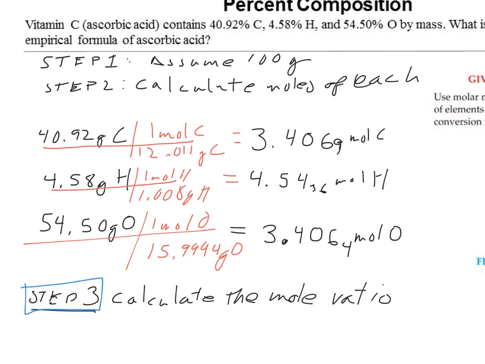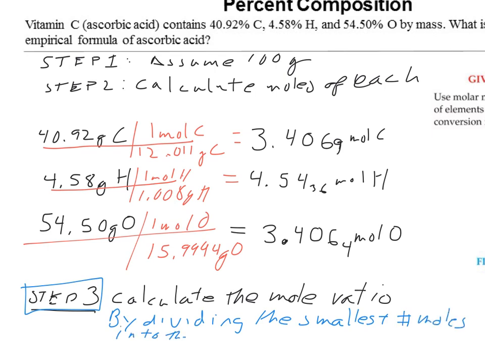All right, so I'm going to do step 3 now, calculate the mole ratio by dividing the smallest number of moles into the others. So my smallest number of moles here appears to be tied, right? I have 3.406 moles of carbon, 3.406 moles of oxygen. Oxygen's a little bit lower. So we'll make oxygen the winner here.